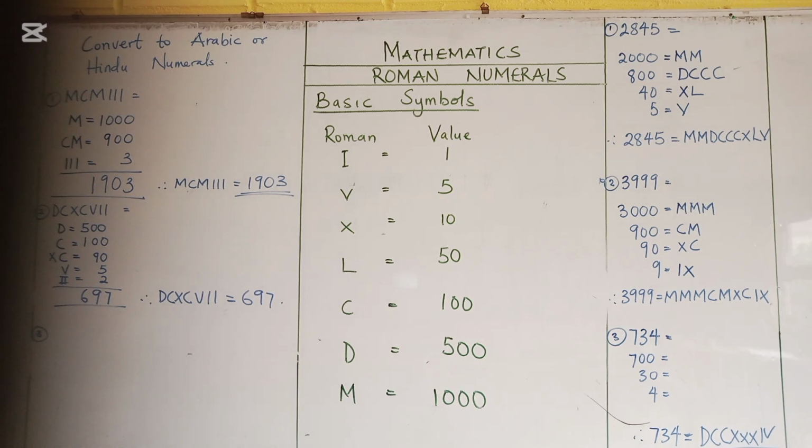Alright, let me set another question here. Let's say we are having IV vinculum CMI. What will this one give us?